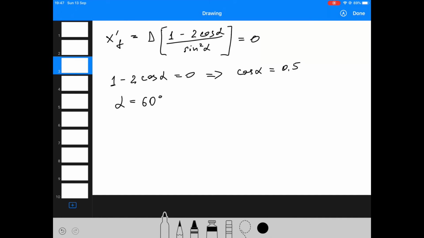So that's why, if our boy is a very smart swimmer, he will choose the angle between the shore of the river and his velocity vector as 60 degrees.